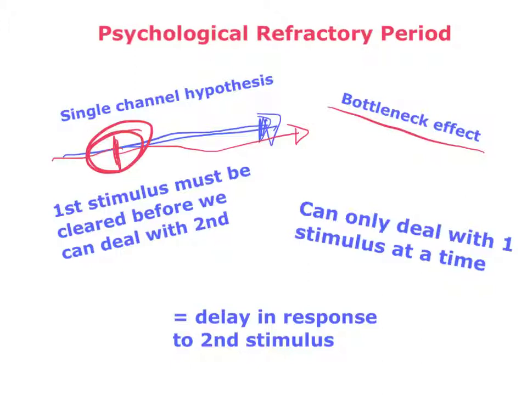Even research shows that even if the defender knows it's a fake, they still have to process it, and it still takes them longer to deal with it in terms of their second response. So that defender or the badminton player can only deal with one stimulus at a time, and that ends up with a delay, and that's a key word, the delay in the response to the second stimulus.